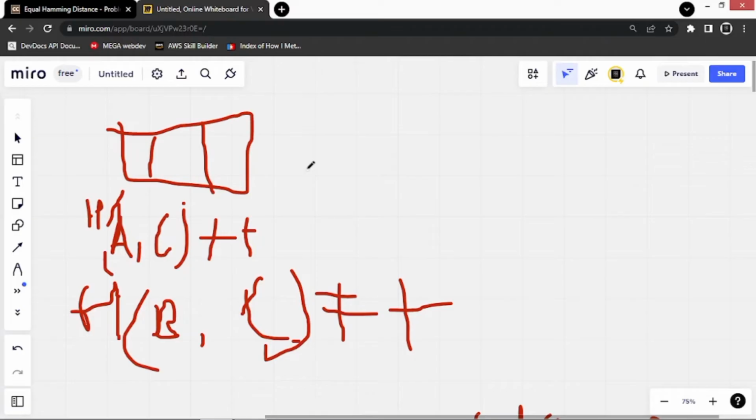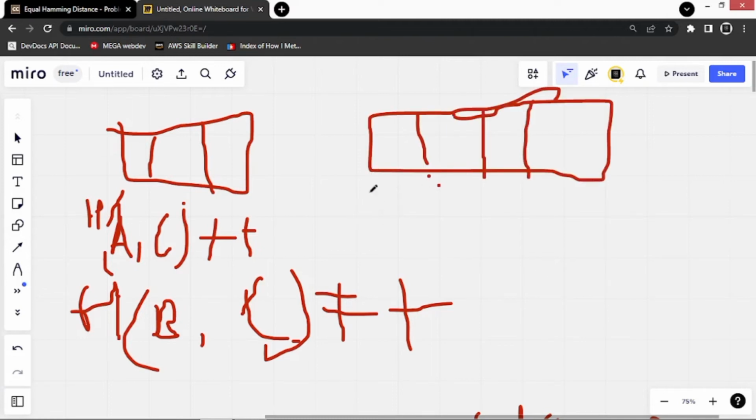So if the count is odd, then we can never make the Hamming distances of both strings equal, and that case would be 0. What about the other case? Let's say we have 4, then one time we can increase HAC, one time HBC, again one time HAC, and in similar fashion half of the time we increase HBC and half of the time HAC.